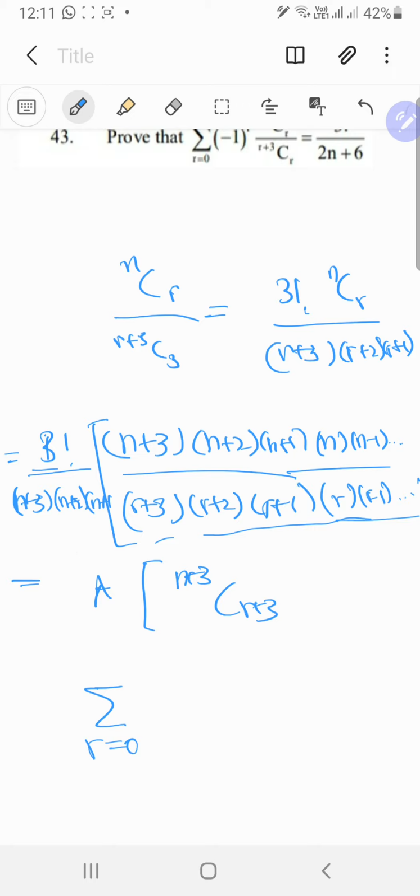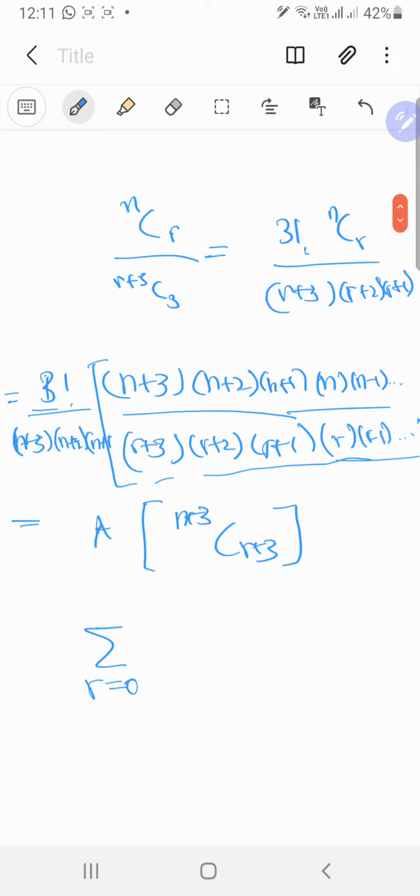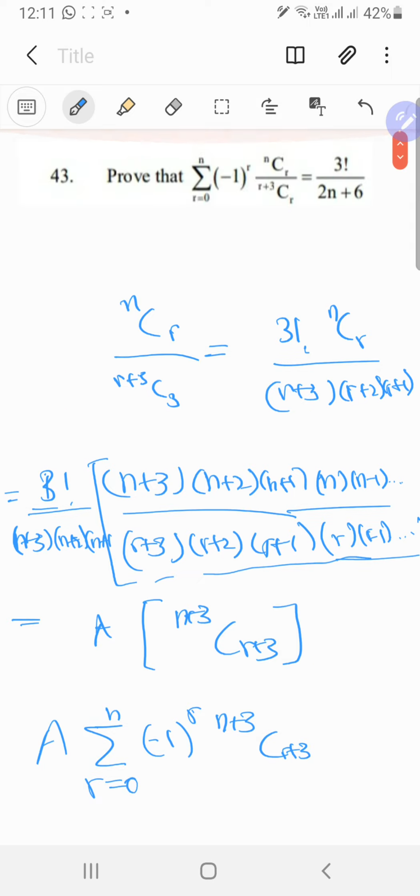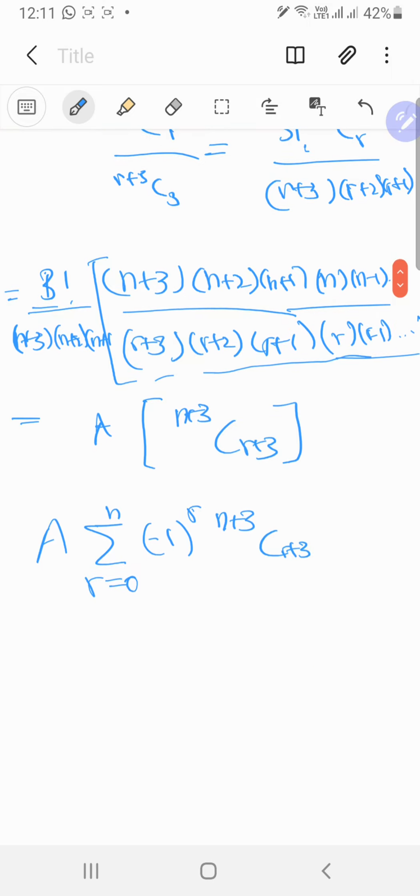And you got n+3Cr+3. So it's a summation from r equals 0 to n of (-1)^r, take this constant out, so it's n+3Cr+3, right? Anything else? Well, no, that's it.